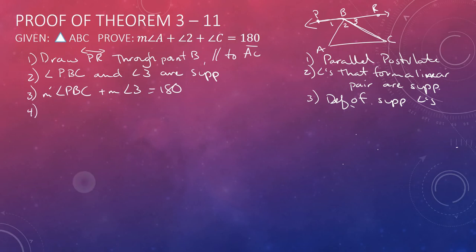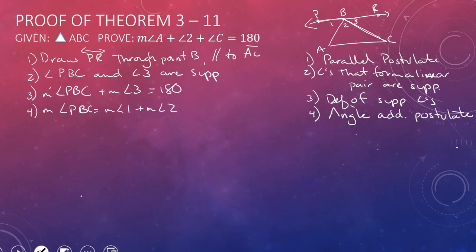Number 4, I'm going to say that the measure of angle PBC equals the measure of angle 1 plus the measure of angle 2. That's one we haven't used in a while, but that's the angle addition postulate. Okay, 5.